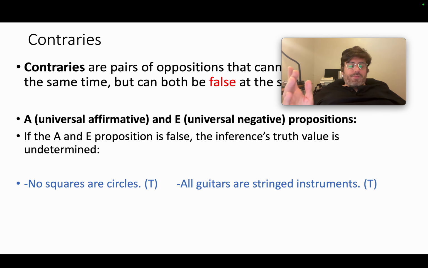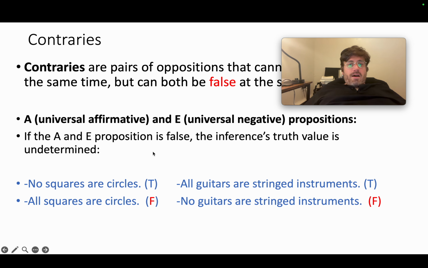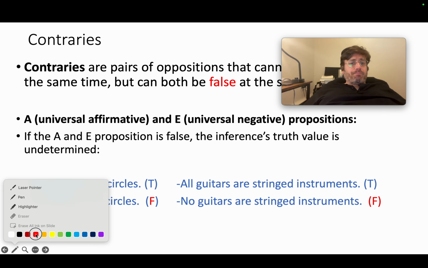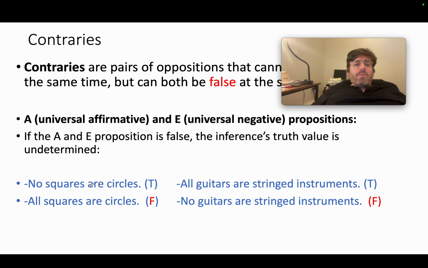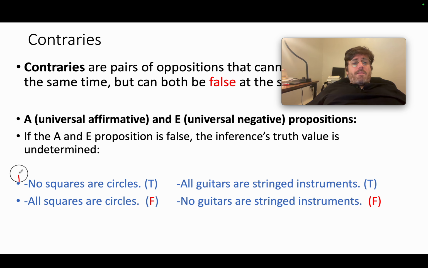All right, so let's try to break this down a little bit. That's a little abstract. If I have a sentence like this, just look at the first set on the left here. No squares are circles. Okay, let's say that that sentence is true. This is, I hope you can tell by now, an E proposition, right?